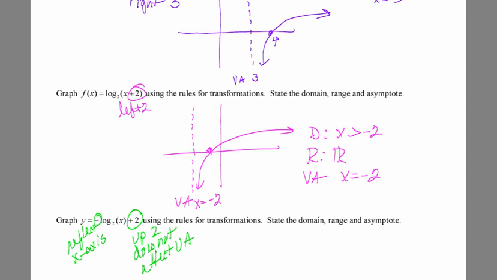So let's use those transformations to help us. The normal logarithm function has a vertical asymptote at 0, has this point at 1, and arcs out in that direction. This is normal. That point is at 1 and this is at 0.